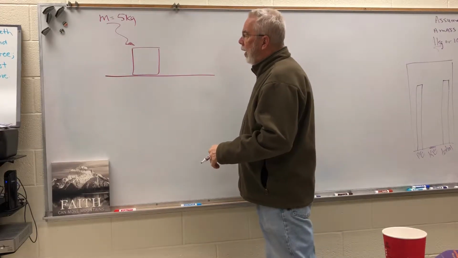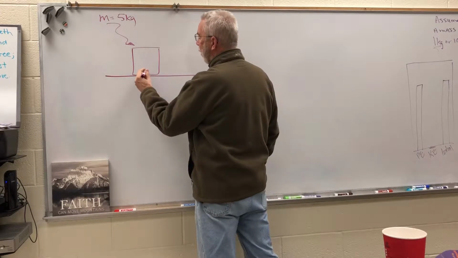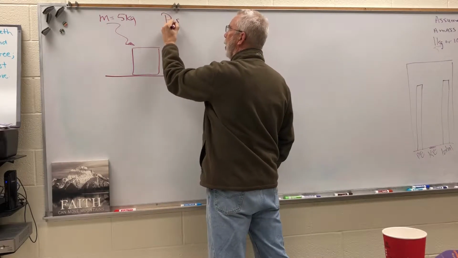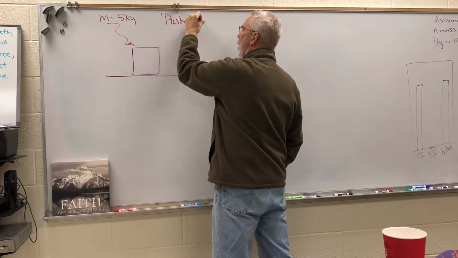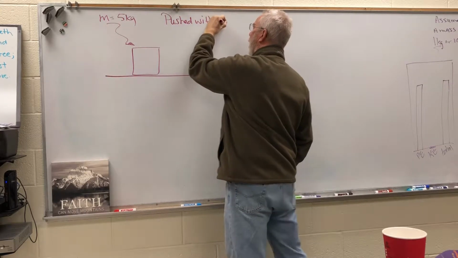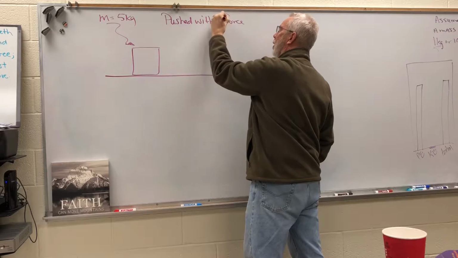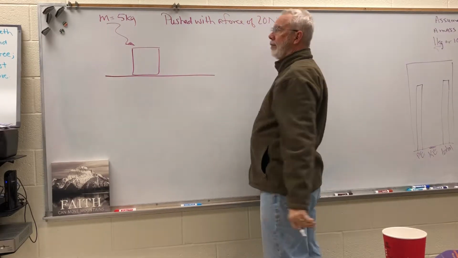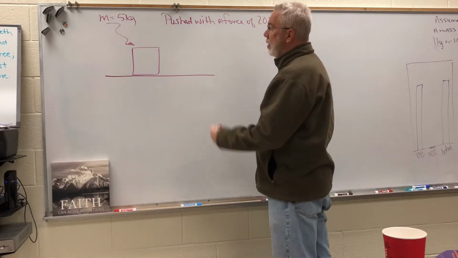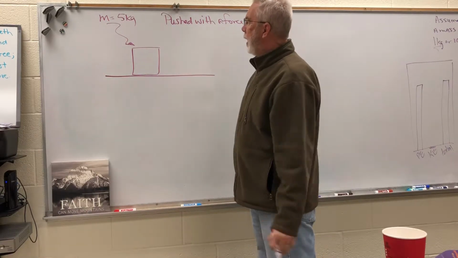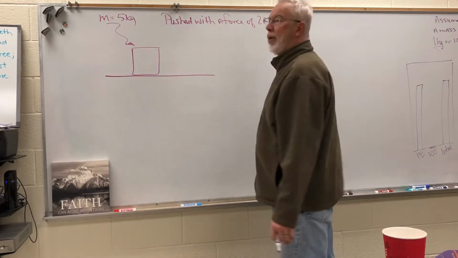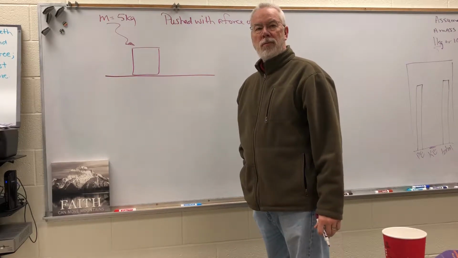The question would say the object is pushed with a force of 20 newtons. So you've got a box sitting on a table. It has a mass of 5 kilograms and it's being pushed with a force of 20 newtons.